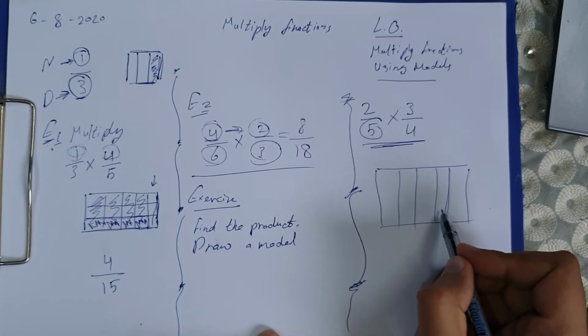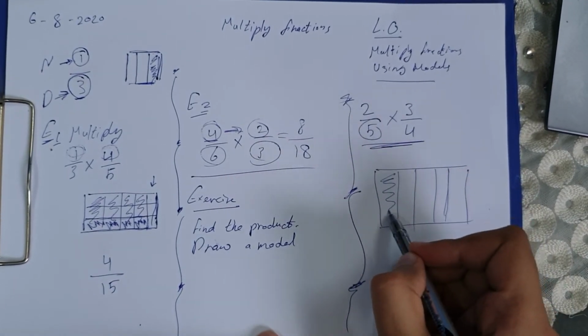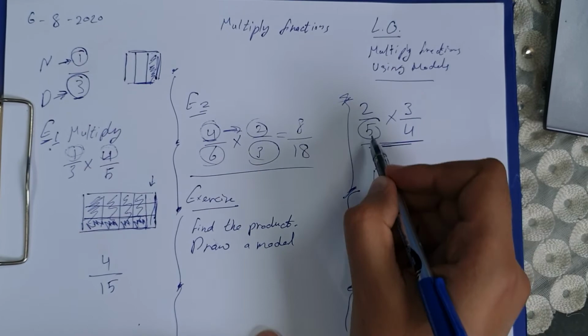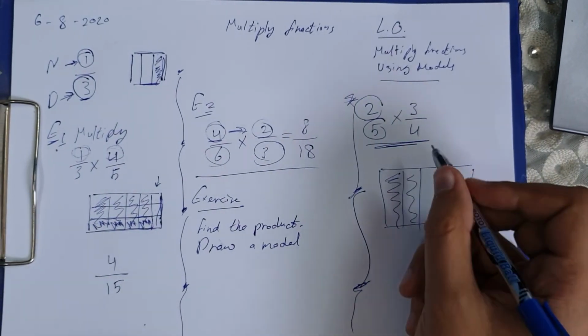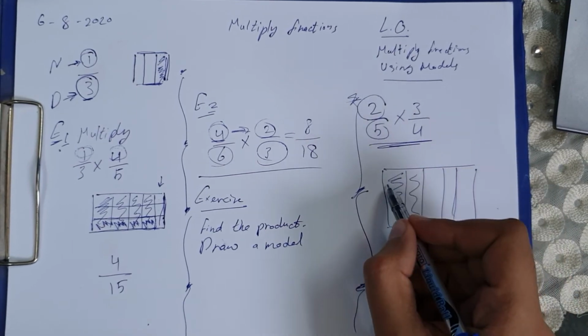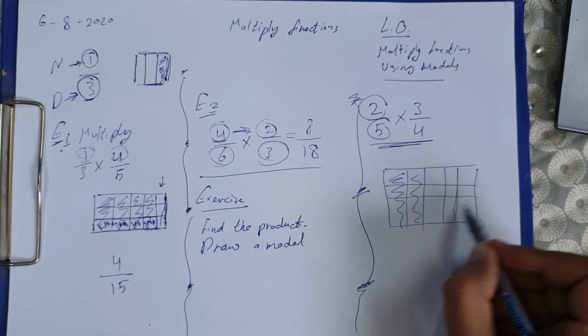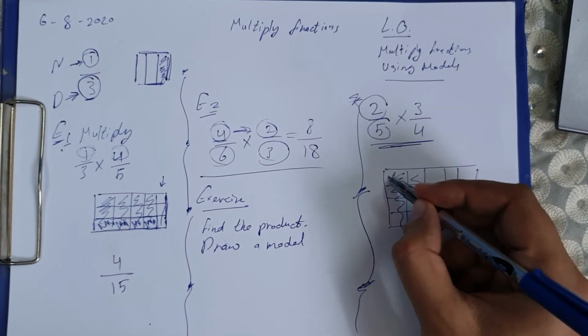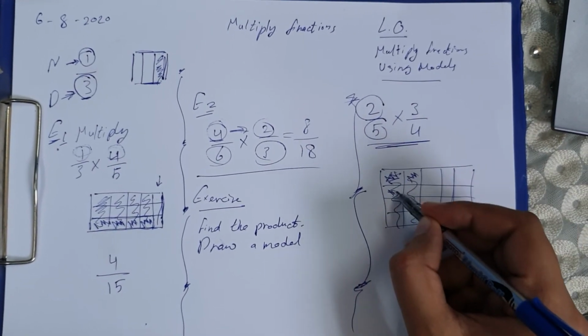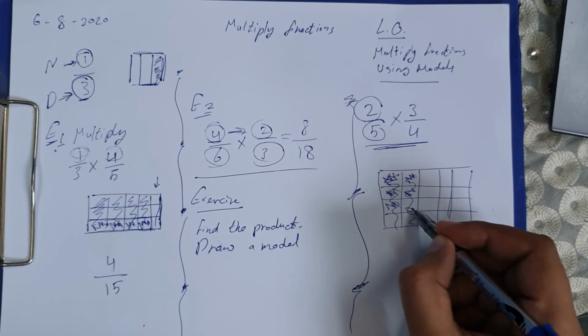I will draw 2 columns out of 5, depends on my numerator, and now I will divide it into 4 equal rows. Then I will shade 3, which is 1 2 3.